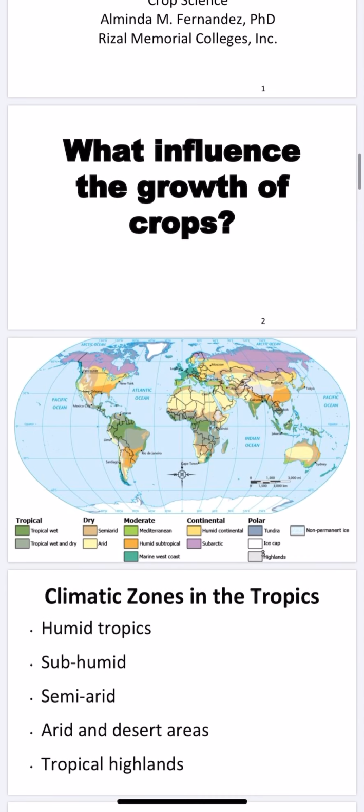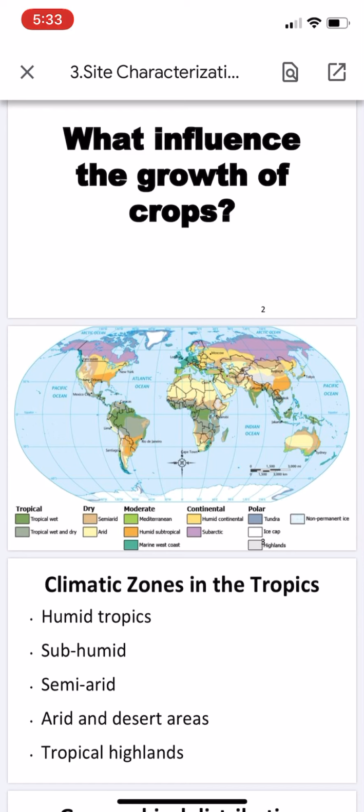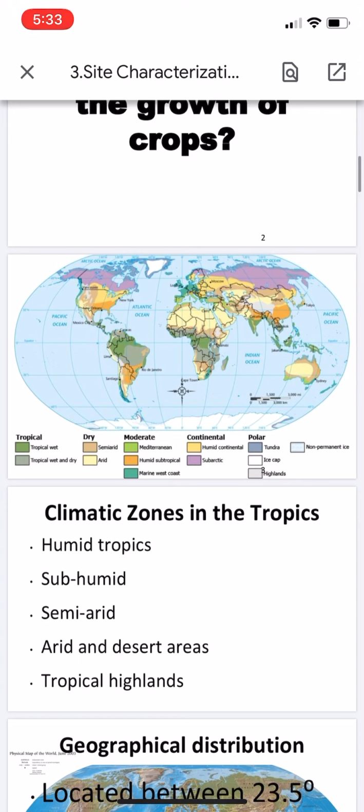You can see here the country Philippines is in green color. So along with, usually the green colors, the tropical region are on the equator side of the globe. Then followed by the tropical wet and dry, which are gray portion, and then the dry semi-arid, which is the brown portion, and the beige color part, the arid, as you can see, that's above.